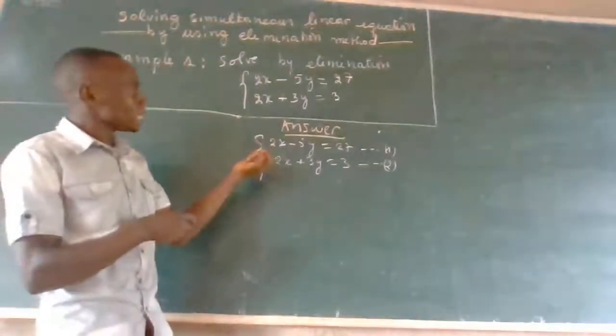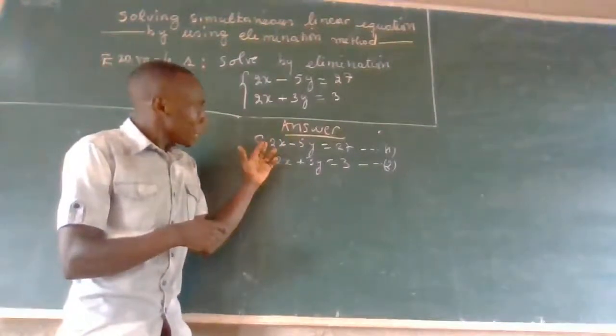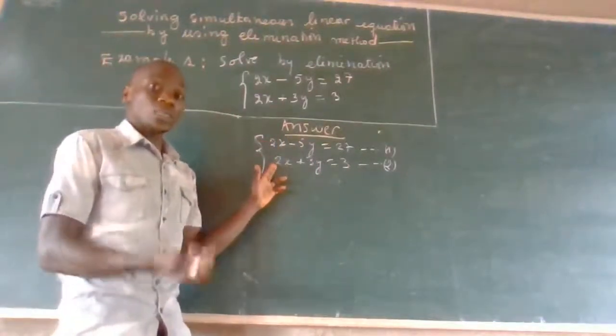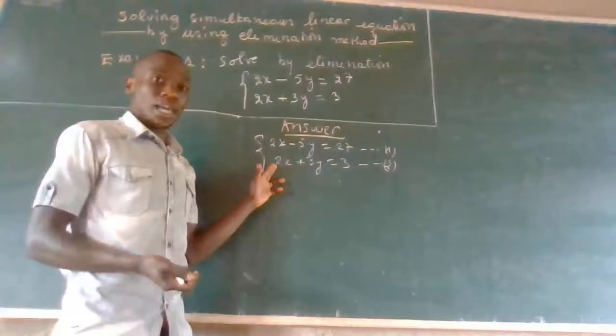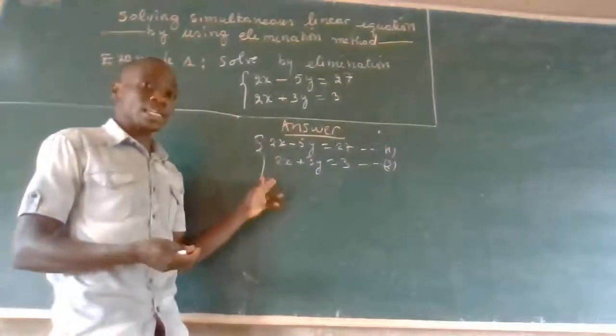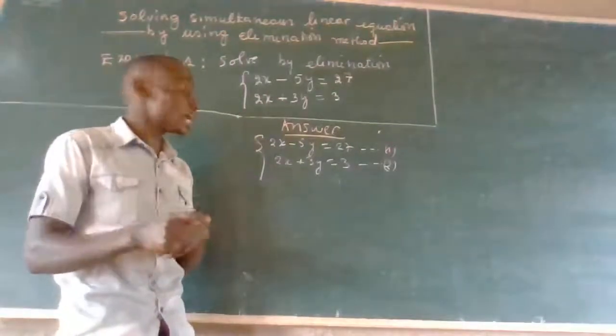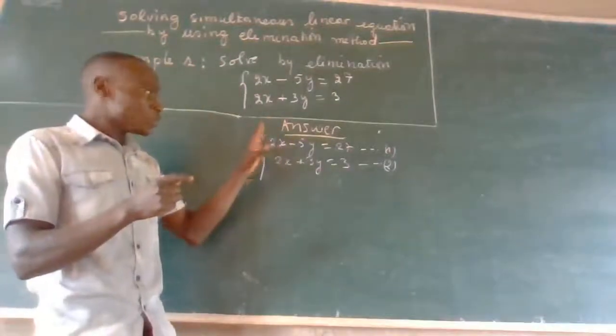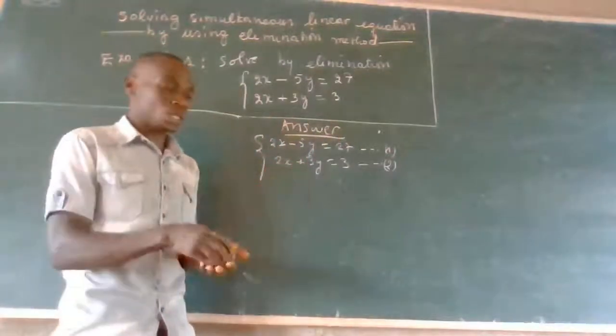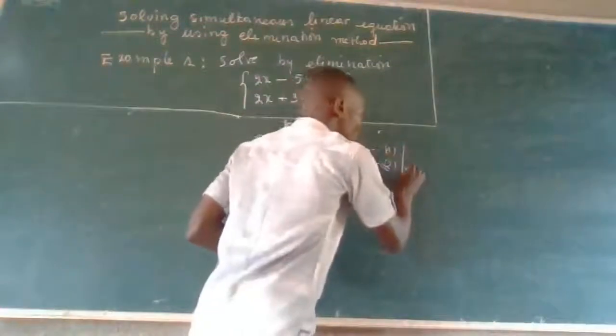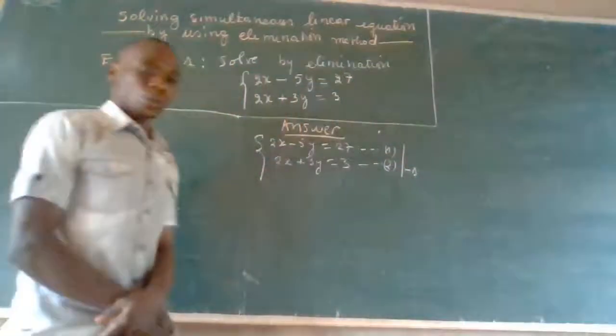Here both coefficients of x are positive, so to make the signs opposite, we have to multiply one equation by a negative sign. For example, let me multiply the second equation by minus 1.